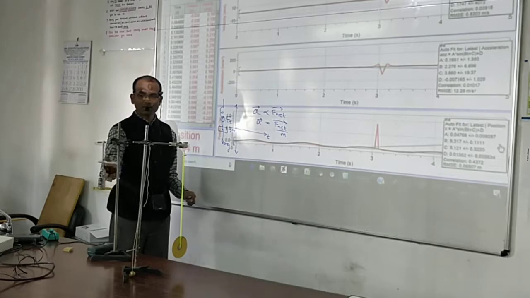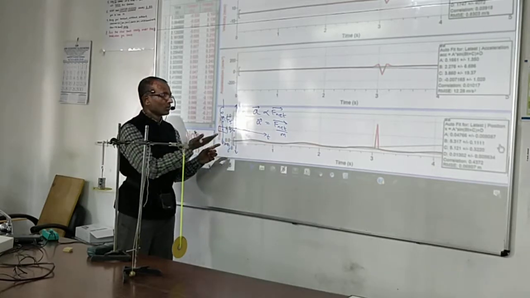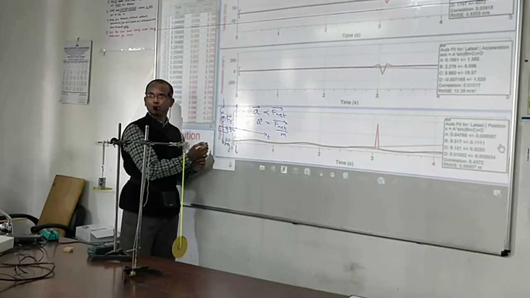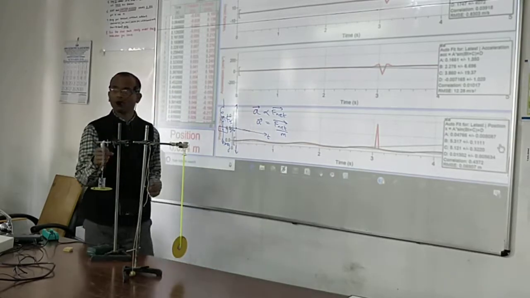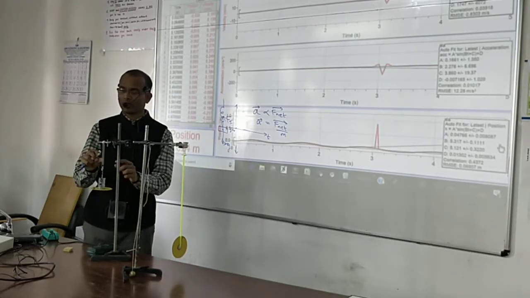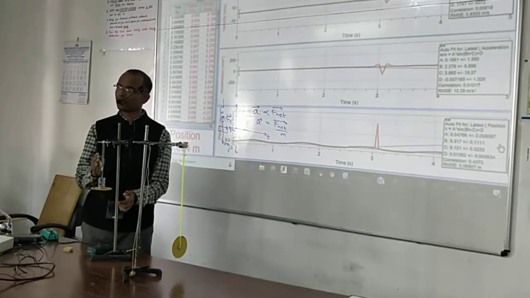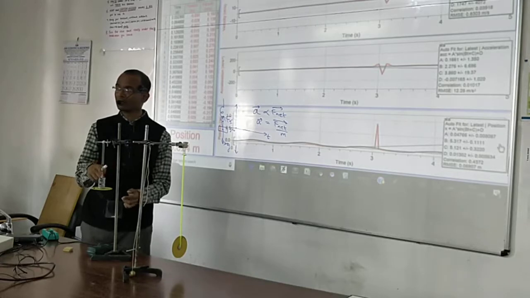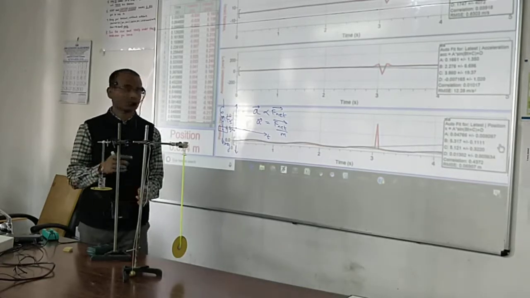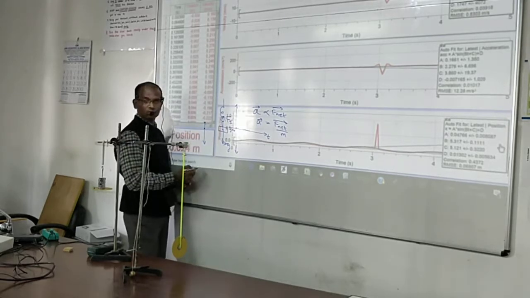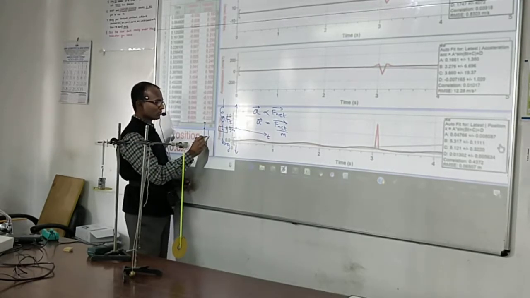If I displace it from its equilibrium position, say by pushing it up, what will happen to the net force? Right now the spring is stretched. If I push it up, what will happen to the spring force? It becomes less, but the weight will be the same. So if the spring force becomes less while the weight is the same, the net force will be downward.